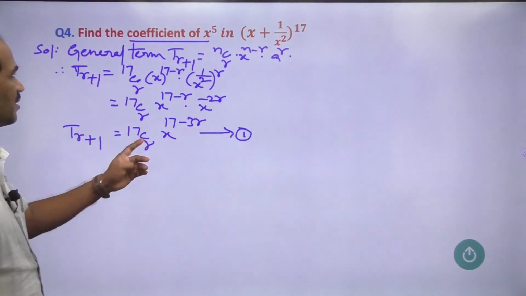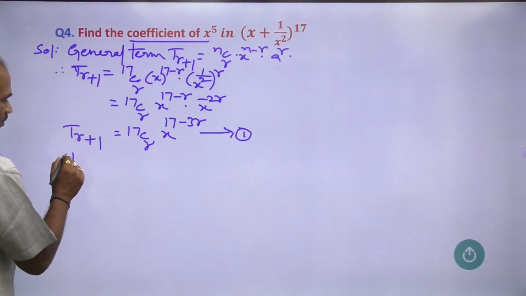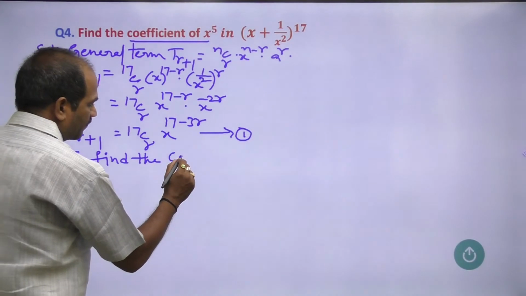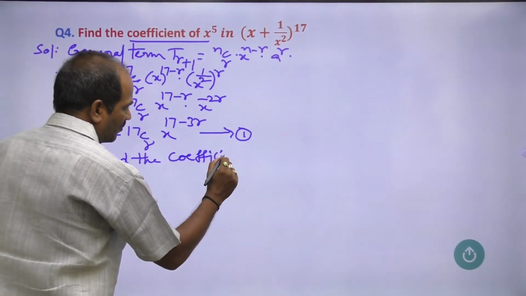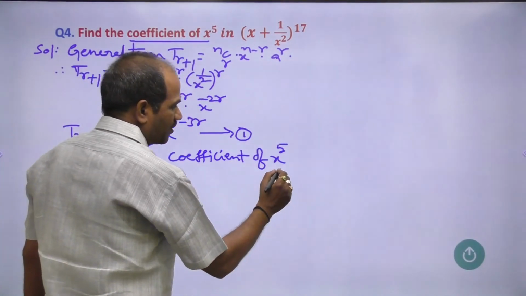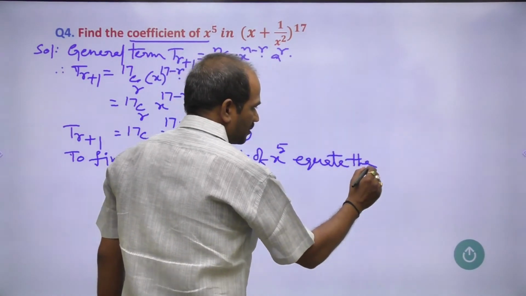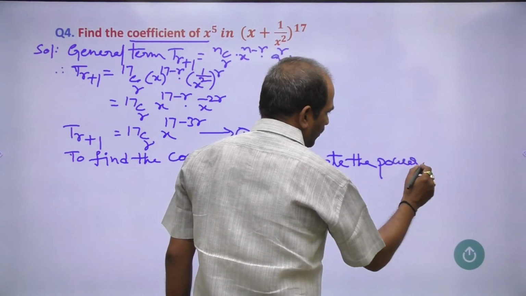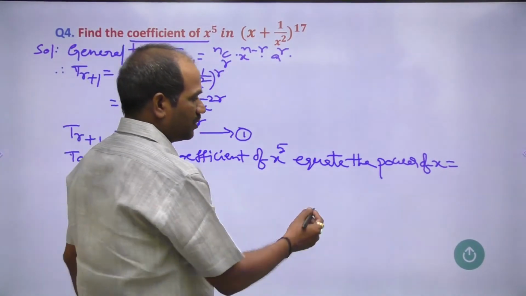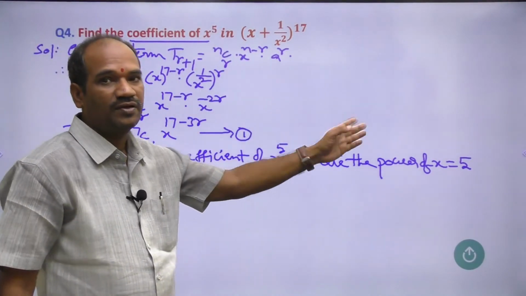Find the coefficient of x power 5. To find it, equate the power of x to 5. In the earlier problem it was x power 18, so we equated the power of x to 18.